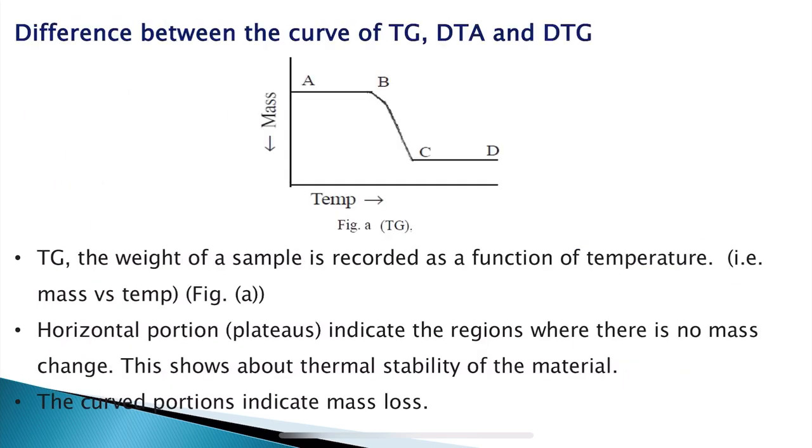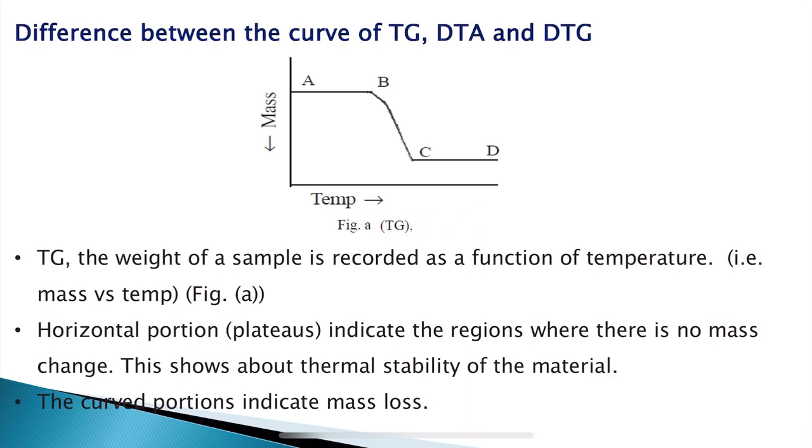Okay, and next, moving on to the difference between the curves of thermogravimetry, differential thermal analysis, and DTG, that is derivative thermogravimetric analysis. Let us take this figure, figure A. This figure A represents the thermogram of thermogravimetric analysis.